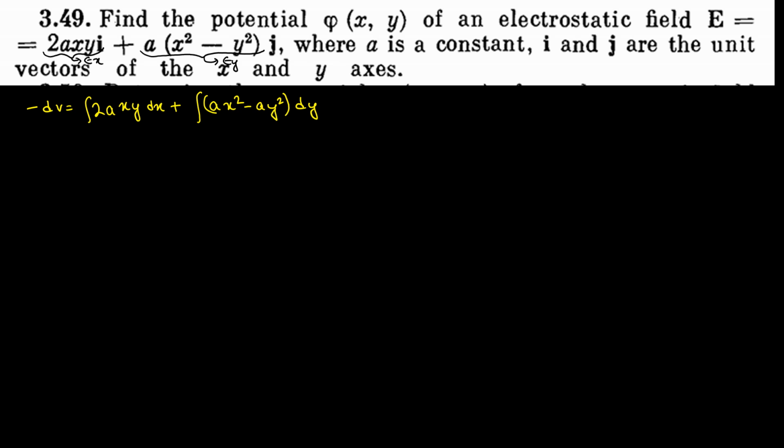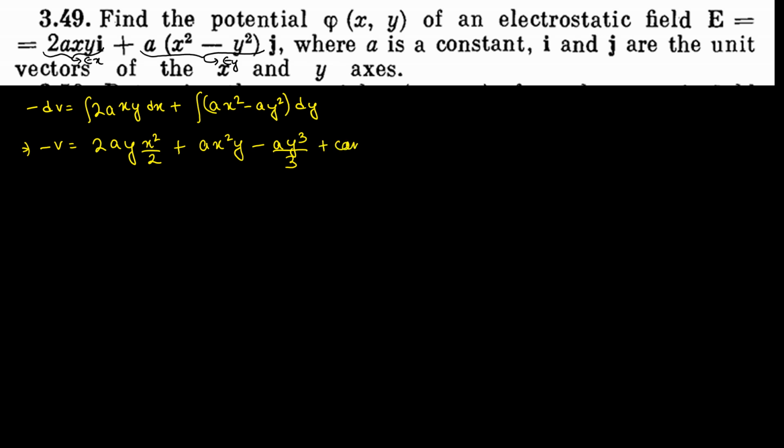Now if I integrate this, minus V is equal to 2ay x square by 2, isn't it? 2ay is constant and x dx is nothing but x square by 2, plus ax square y minus ay cube by 3. If I integrate this, I'll get these two terms, plus some constant.